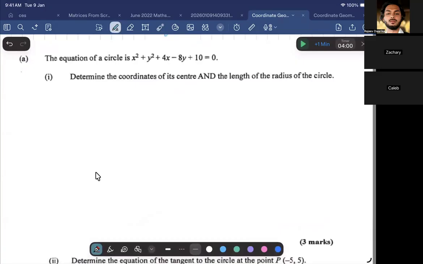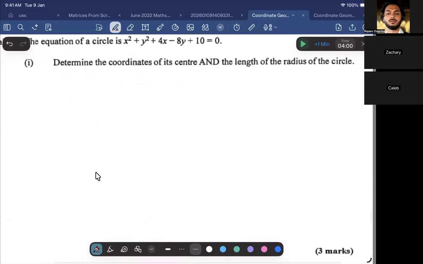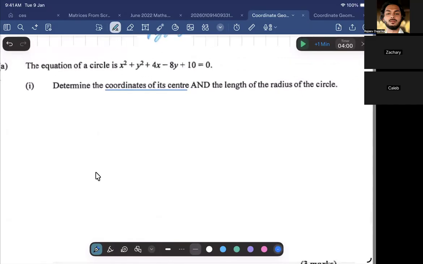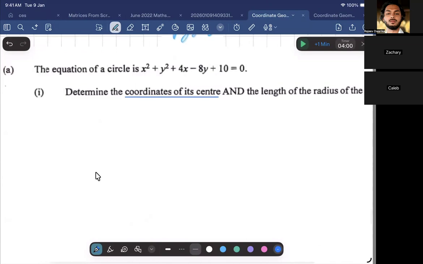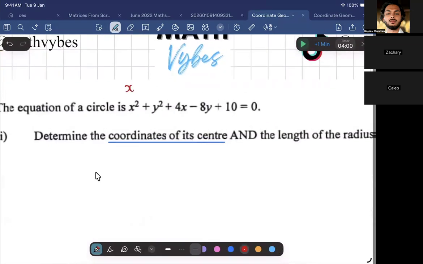So Caleb, they want me to find the coordinates of the center. How am I doing that? The general equation is x squared plus y squared plus 2fx plus 2gy plus c equals 0.